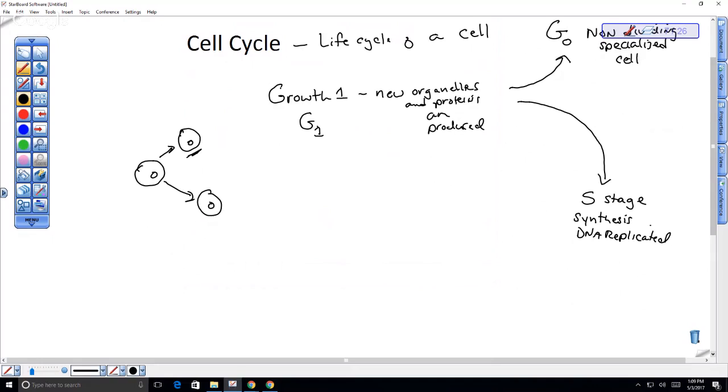And then it is going to go into another growth phase called G2. So that's growth, G2. And G2 means that all the things that are necessary for cell division to occur are going to be formed. So we have molecules necessary for cell division produced.